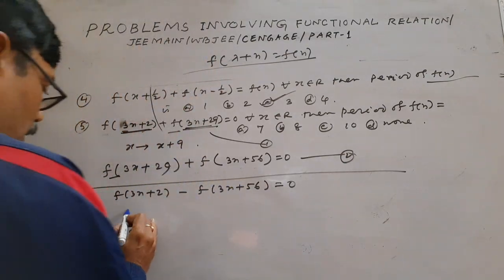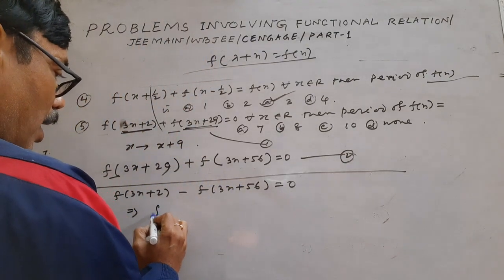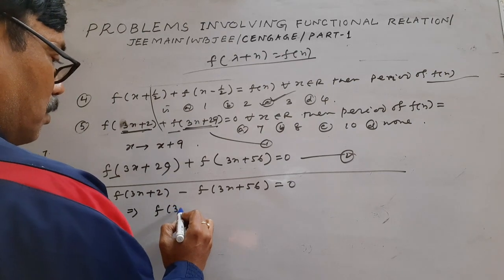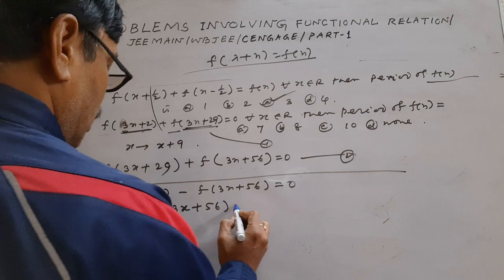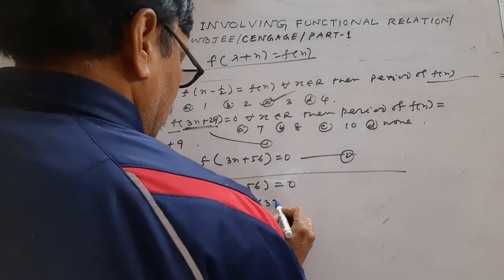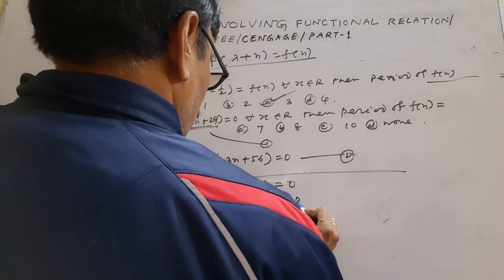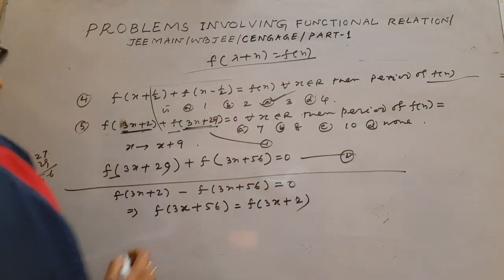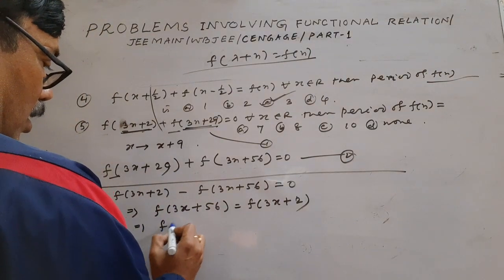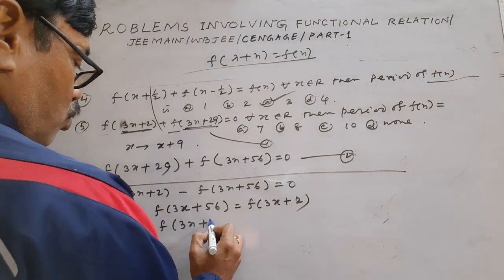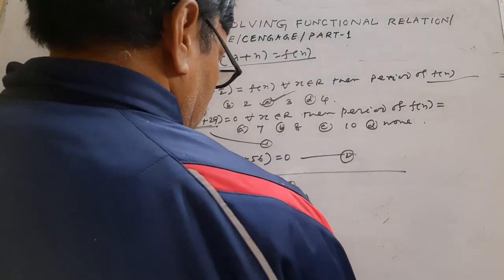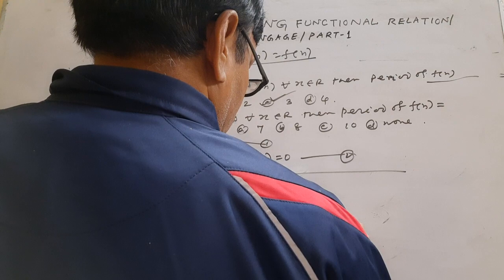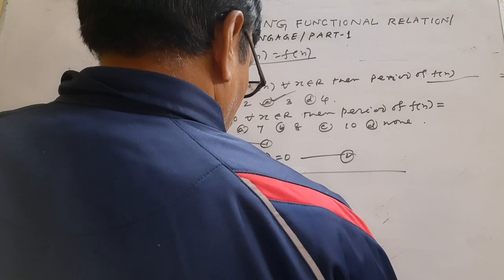Now what are we getting? f(3x plus 56) equals f(3x plus 2). So we can write it as f(3x plus 2 plus 54) equals f(3x plus 2).